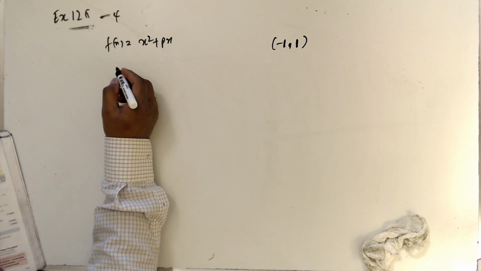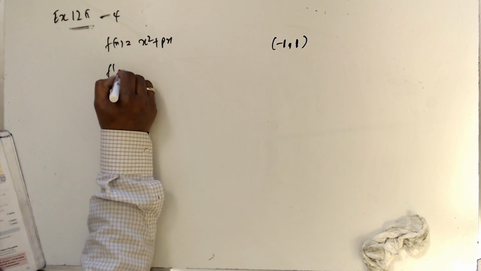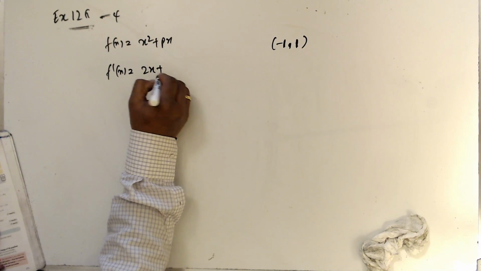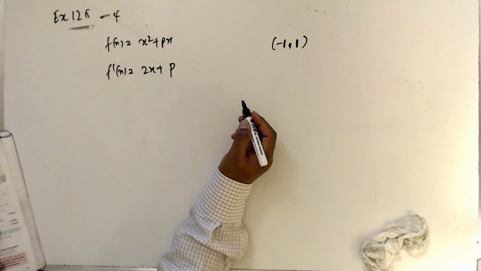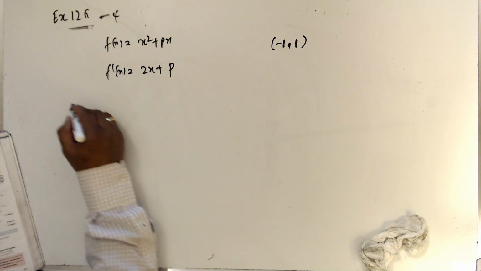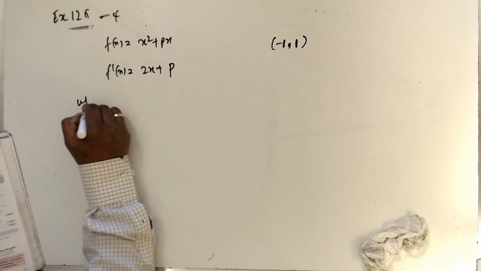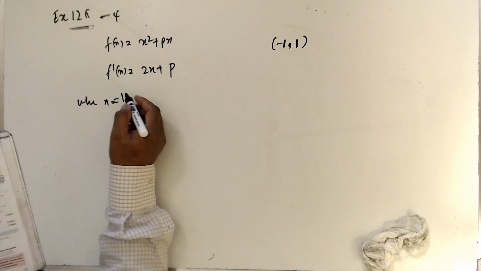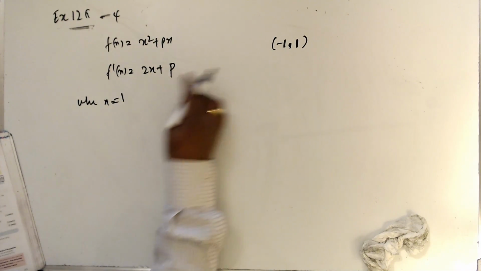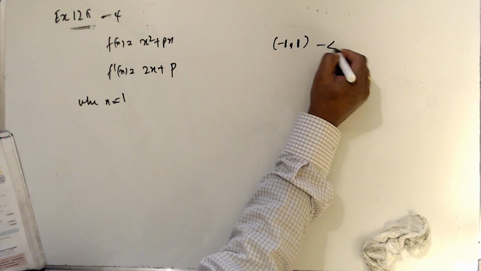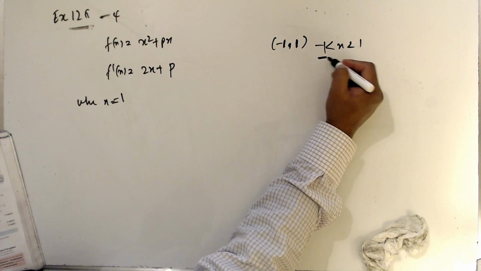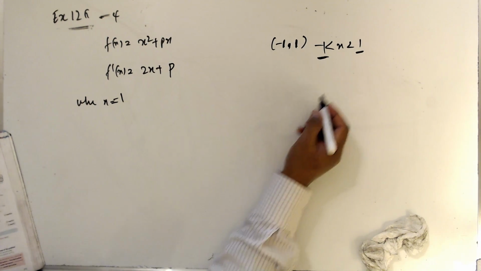So first of all, get the gradient function. This is 2x plus b. When x equals minus 1, we'll take the left boundary. This is a boundary, minus 1 in between minus 1 and 1. So this is the lower boundary, this is the upper boundary.